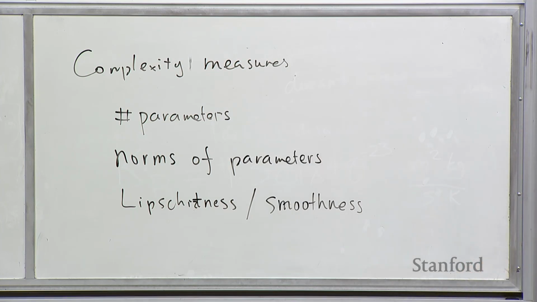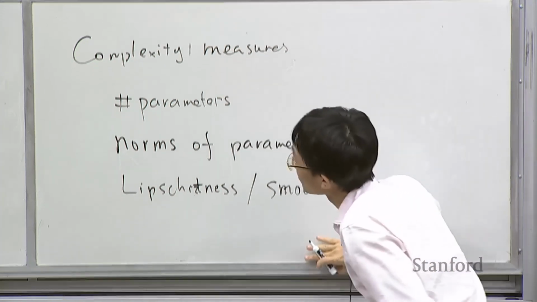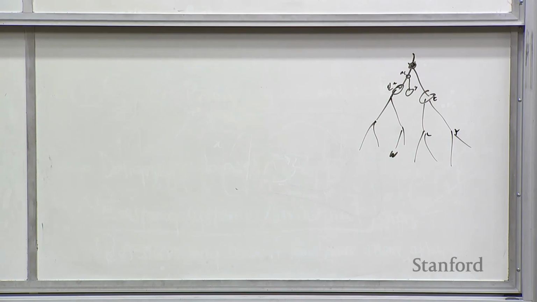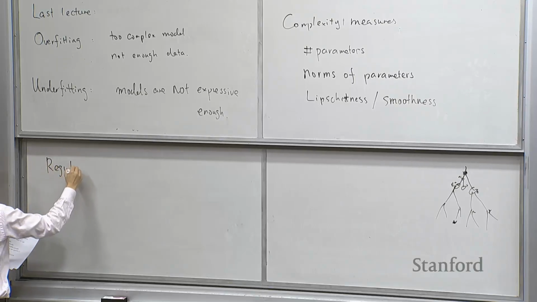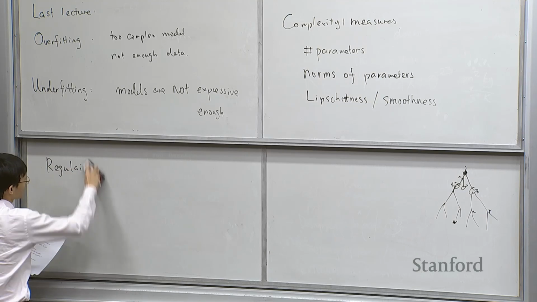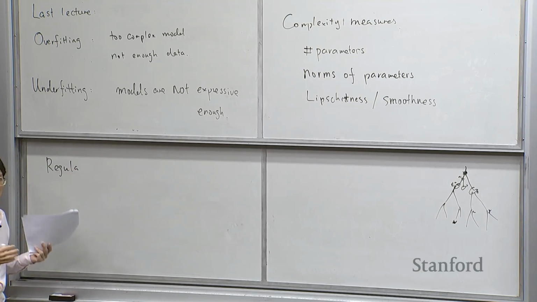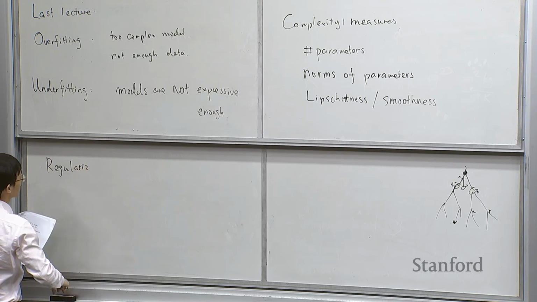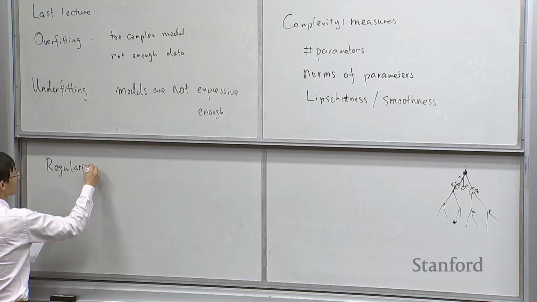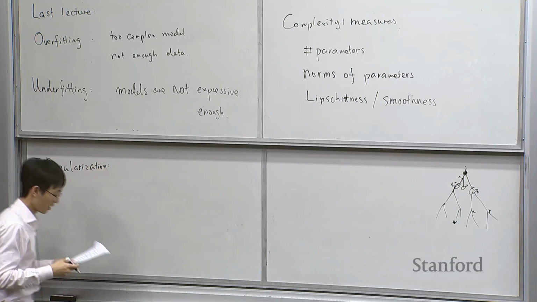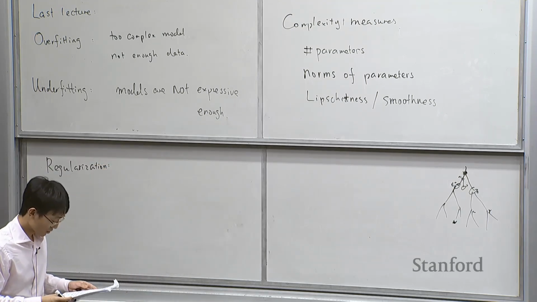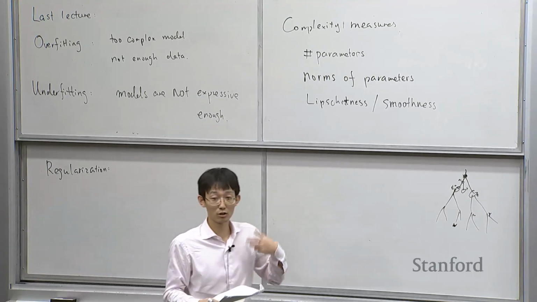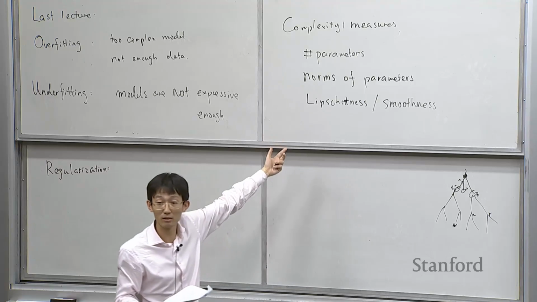So regularization. I think we have mentioned this informally in the previous lectures. By regularization, mostly we just mean that you add some additional term to your training loss to encourage low complexity models.